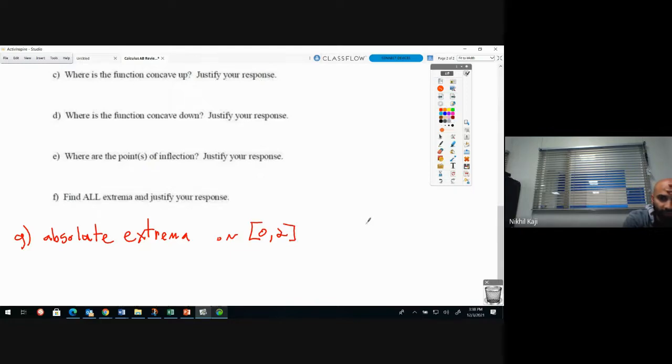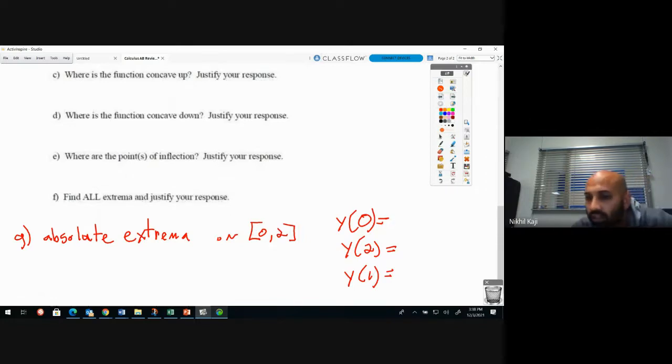So we have to get our y value at 0, our y value at 2, and our critical numbers, which is when our derivative is 0 or undefined. In this case, our critical numbers were -1 and 1. But in this case, I just have to pick 1. Why? Because -1 is not in my window, so I don't even have to worry about it. Just ignore it.